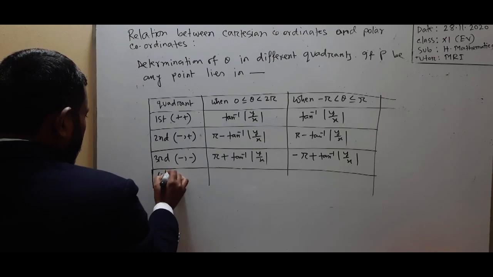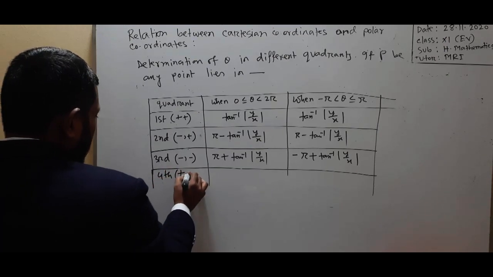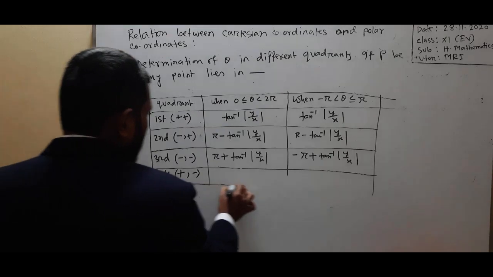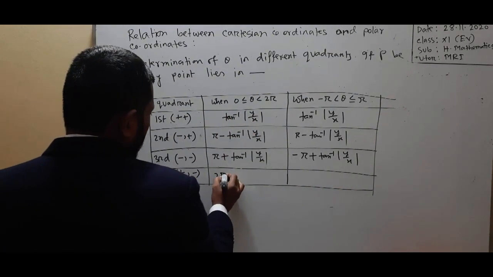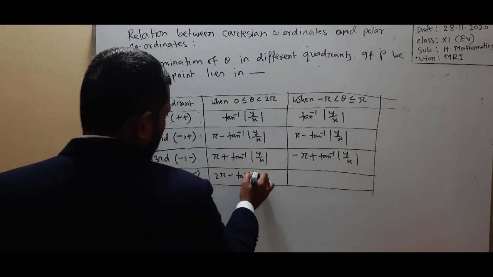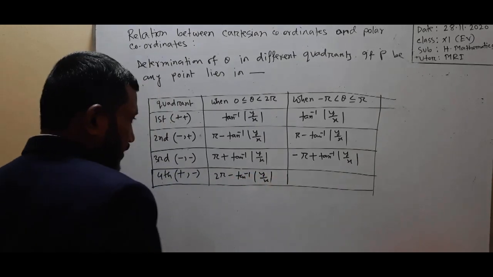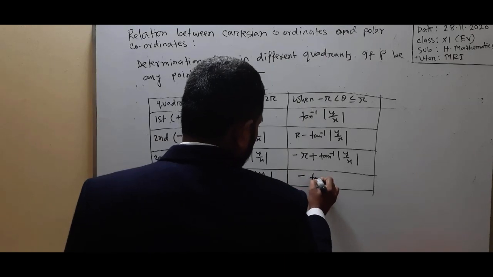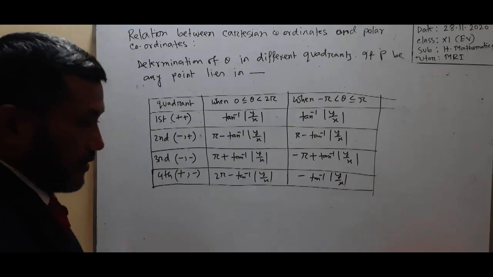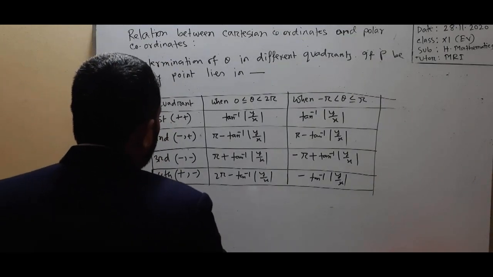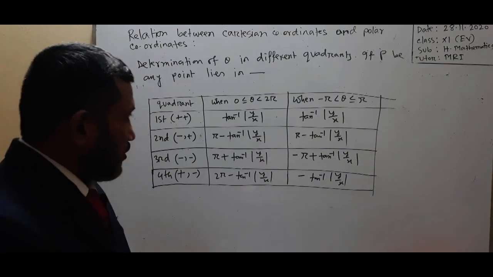Fourth quadrant: here abscissa is positive and ordinate is negative. This will be 2 pi minus tan inverse modulus y by x, and here this will be minus tan inverse y by x. Now I am giving one example.